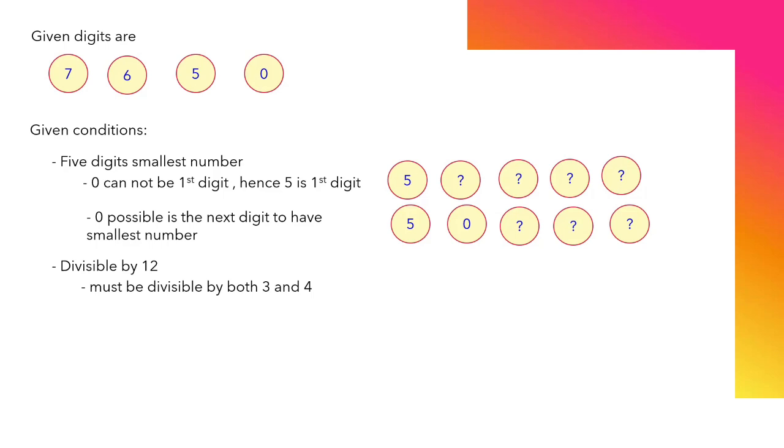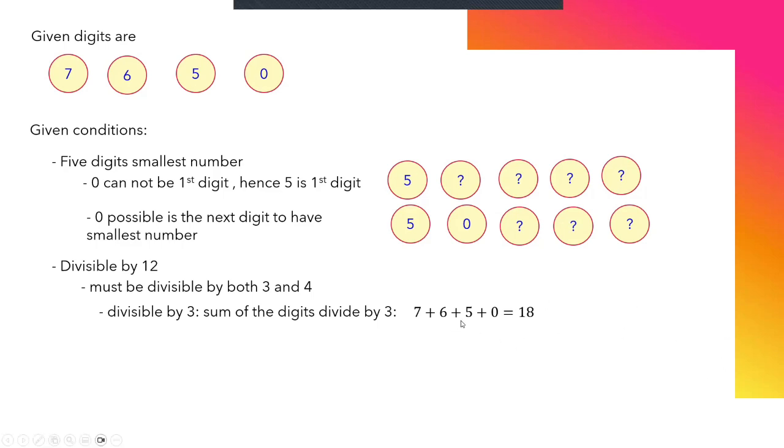We know a number is divisible by 3 if the sum of its digits is divisible by 3. Out of the 5 digits, we have 4 digits so far: 7 plus 6 plus 5 plus 0 is equal to 18. So this is divisible by 3.